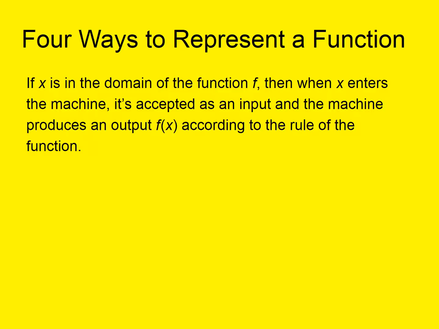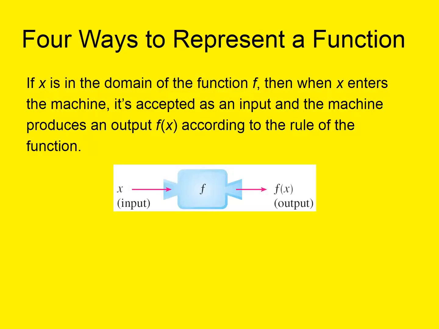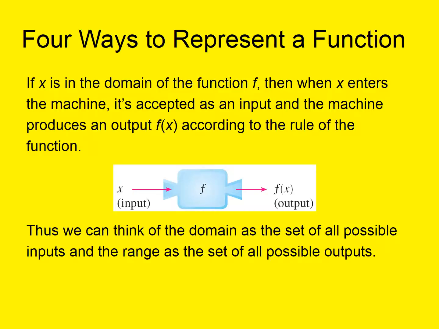If x is in the domain of a function f, then when x enters the machine, it's accepted as an input, and the machine produces an output f of x according to the rule of the function. Thus we can think of the domain as the set of all possible inputs, the range as a set of all possible outputs. A function then is a rule that assigns to each input exactly one output.